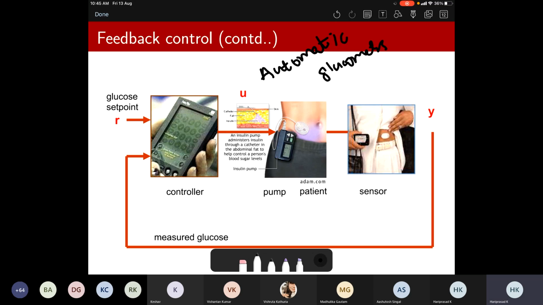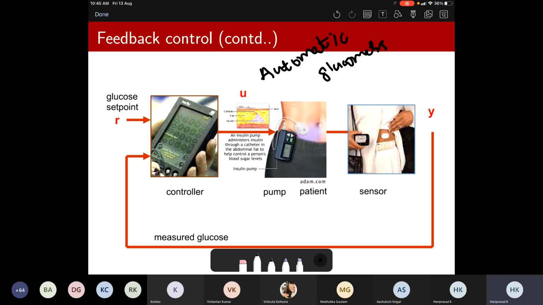Of course, you have home kits for glucose available to measure. Then based on your level of glucose, you will have to inject insulin, and based on that, how many units you would need to inject to reduce the excess sugar that would be generated based on the food that you take.